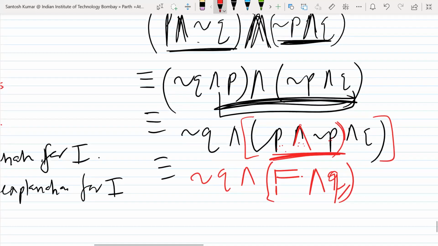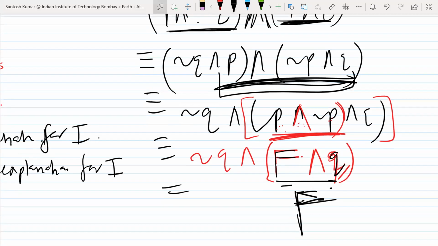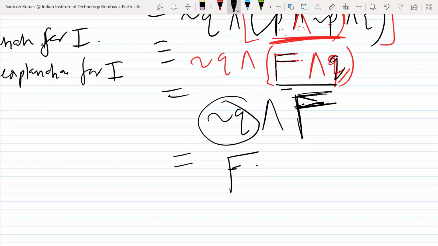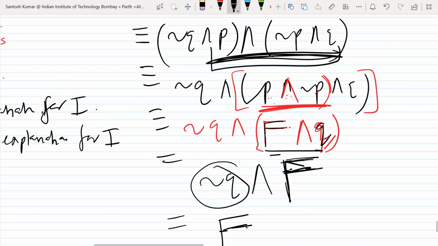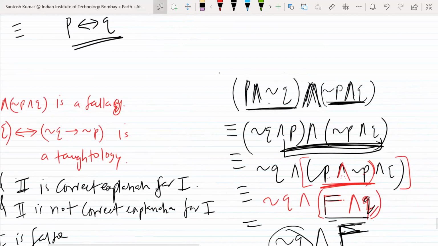So false and Q is nothing but false, whether Q is true or false, it doesn't matter, it will come false only. And here is negation Q. Negation Q is true or false, it does not matter, it will always come false.